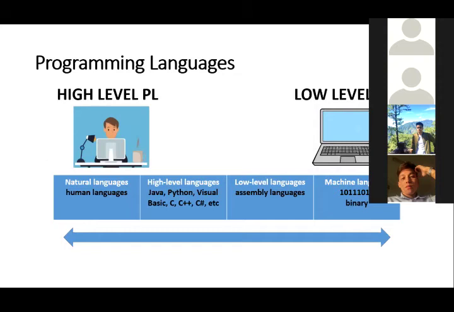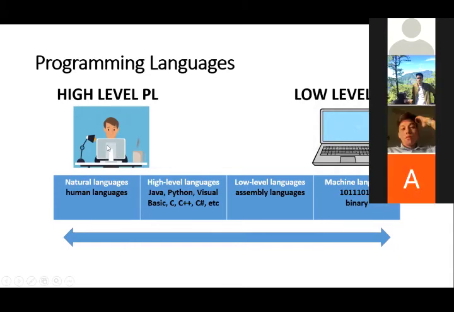If you can notice sa illustration natin, on your left is your high-level PL. And then your right is your low-level PL. High-level PL, these are the computer languages that are understandable for the computer user. Ibig sabihin, ito yung mga languages na naiintindihan ng human or ng tao.